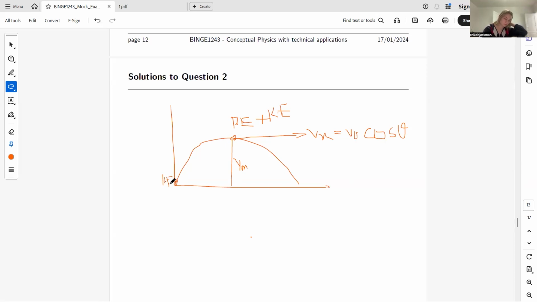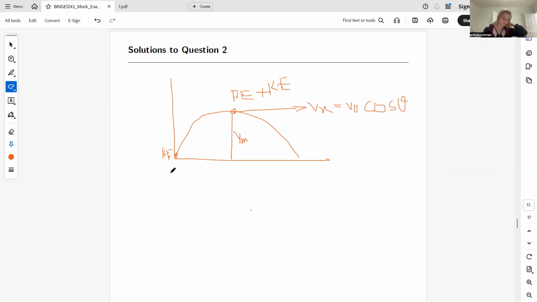So according to the law of conservation of energy, energy at the point of projection is equal to energy at maximum height.